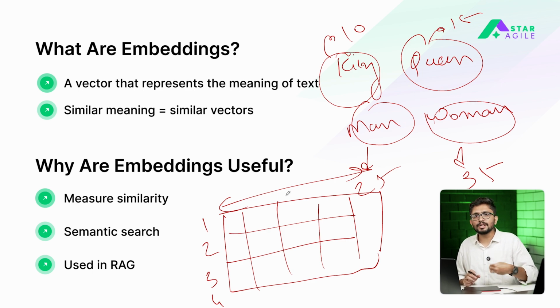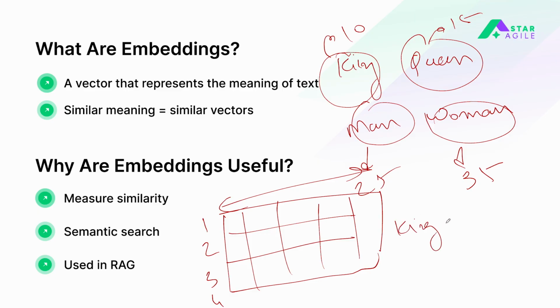And when you use these vectors, you can actually perform mathematical operations using them. What do I mean by it? Imagine you take the vector of the word king and subtract from it the vector of the word queen.